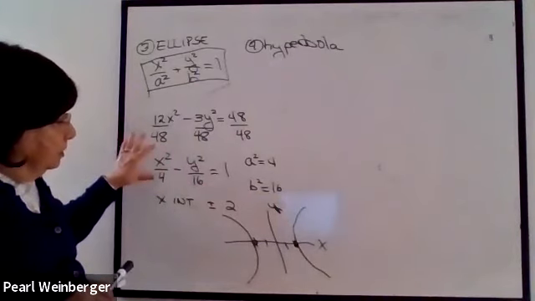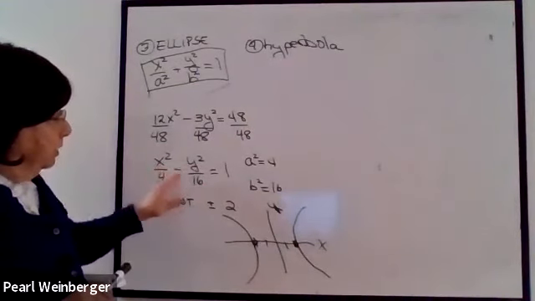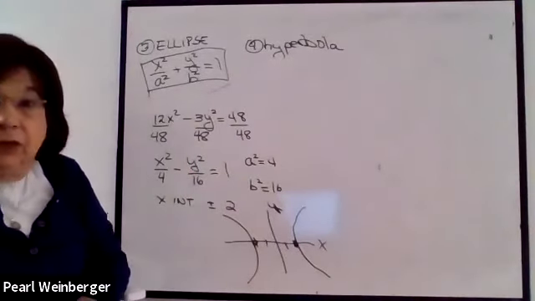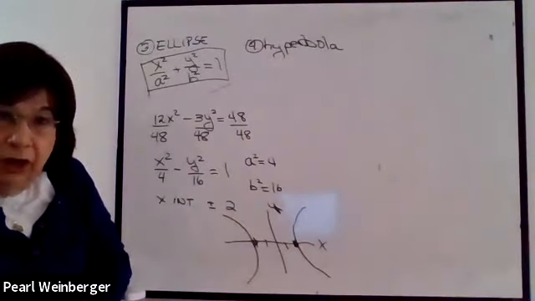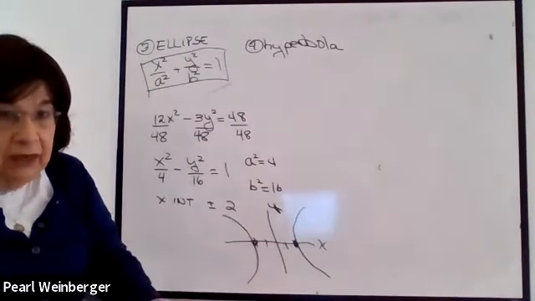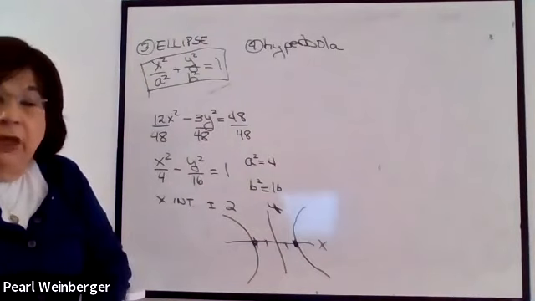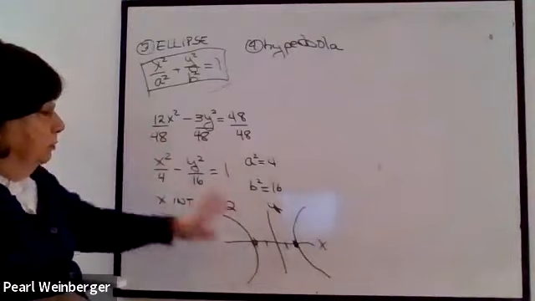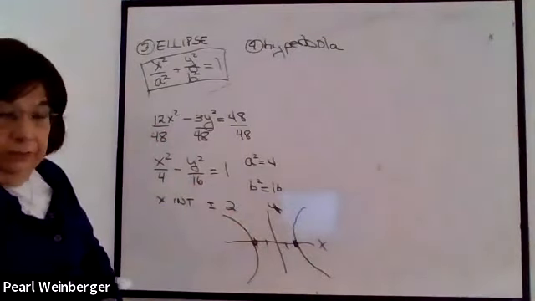In this case, the x squared was positive, then it's a minus y squared. There's a minus in front of that y squared, which means that if I try to solve for y, I would get an imaginary number because I have a negative y squared equals a number. So therefore, there are no y-intercepts, and we get a graph that looks like this.